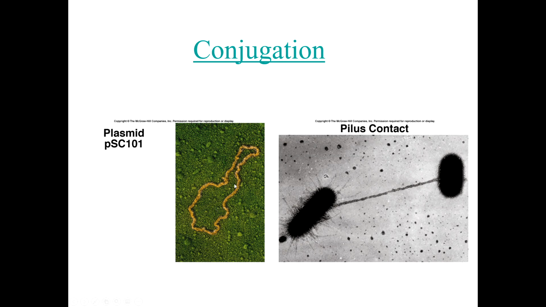Usually these loops of DNA don't hold a lot of genes needed for their own phenotypic needs, but they can have one gene that's very important and it confers resistance, and that's what we call the R gene. If they have that, we call that an R plasmid.